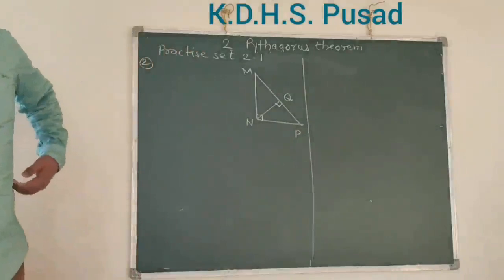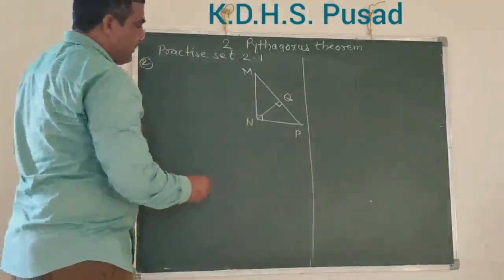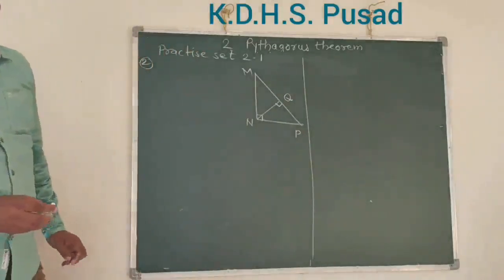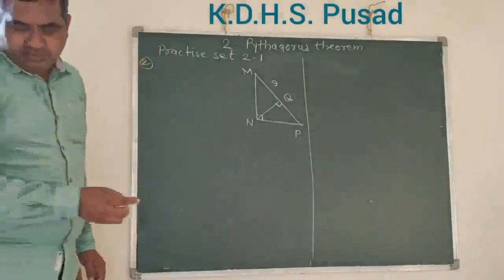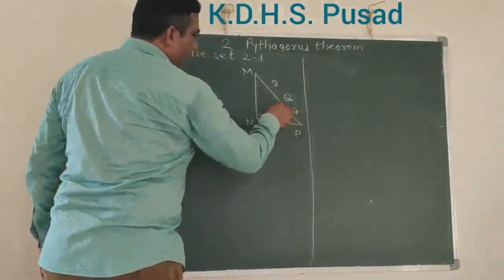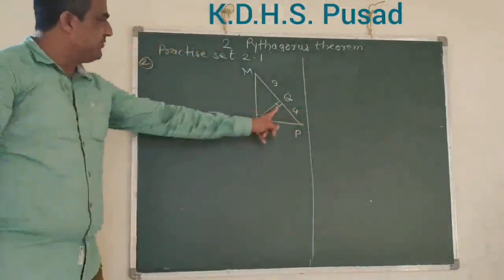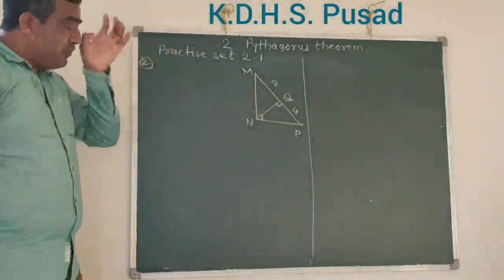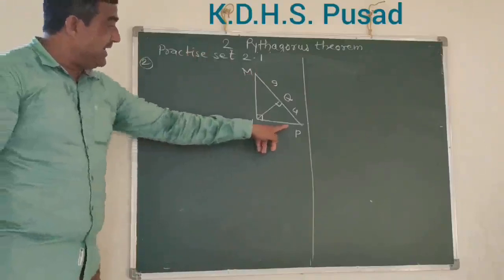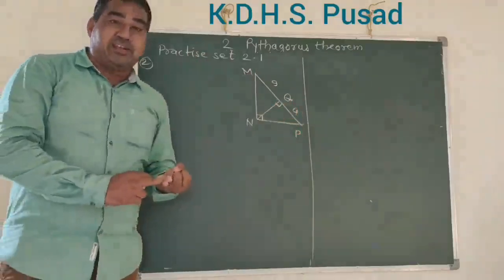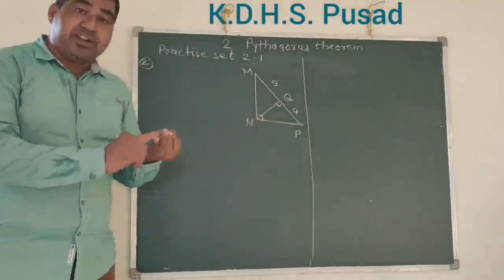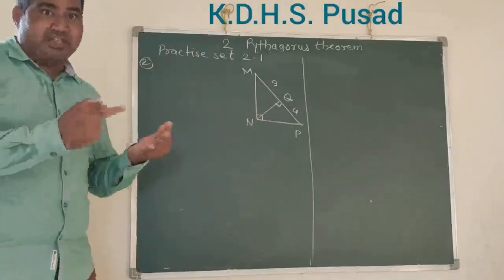In this question you are given that m cube equal to 9, p cube equal to 4, find out n. That is the question. Whenever you have such a diagram, a right angle triangle with a perpendicular, you can use similarity of right angle triangles, then geometric mean, as well as the Pythagoras theorem.